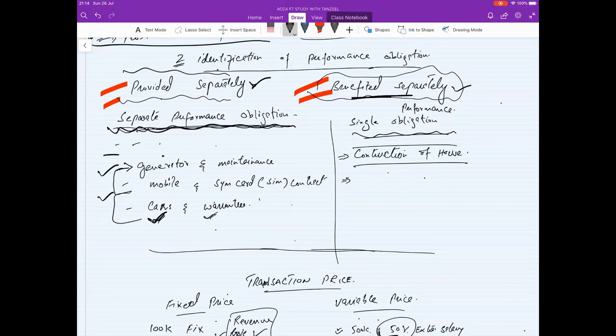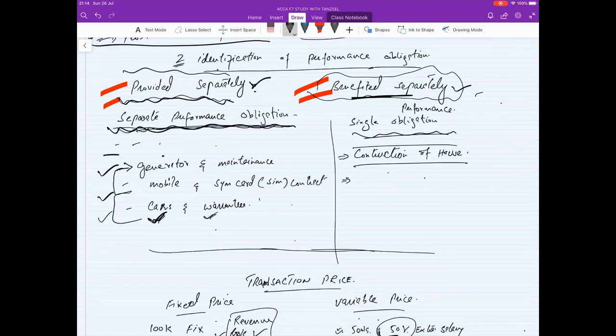It means these are provided separately and benefited separately. If you buy a car from me, it gives you the benefit, or if you buy only a warranty from me, it gives you a benefit. In either case these conditions are met, so for me it's two different obligations.